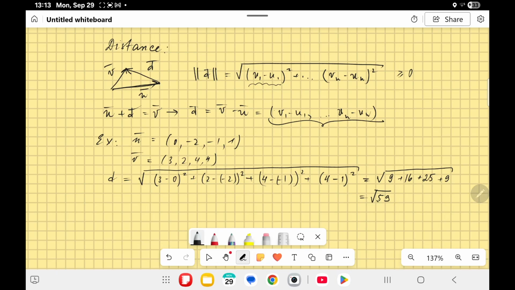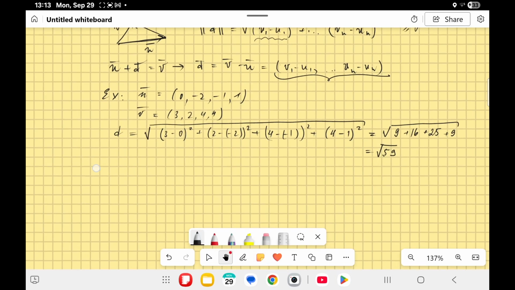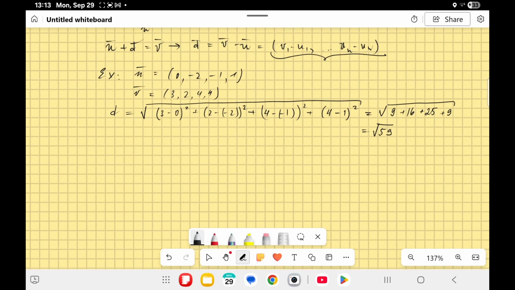Okay. What else? Well, guys, the next thing we want to review, or maybe give an example of: if somebody gives you a vector, for example, vector u, which is 0, 2, minus 1, 1. How do we find the unit vector in the same direction?